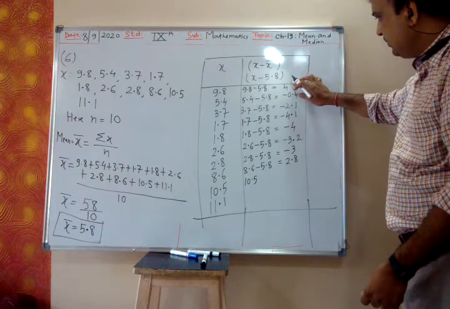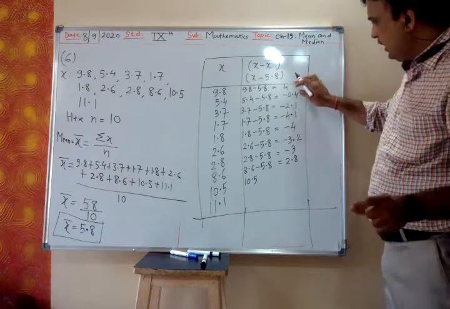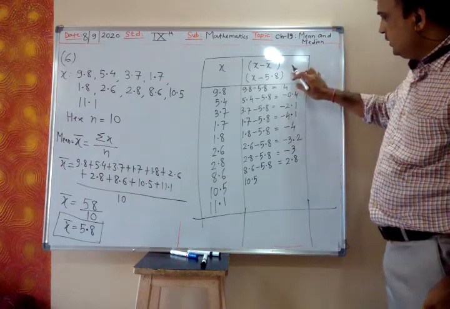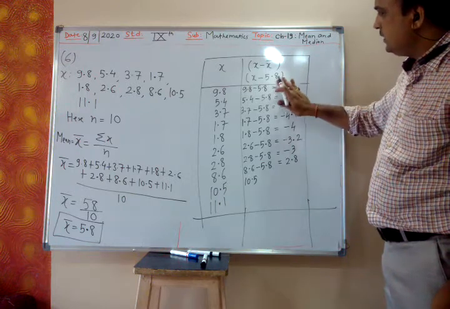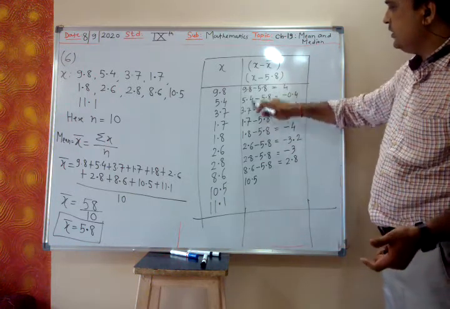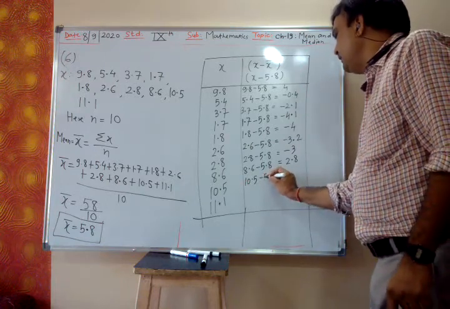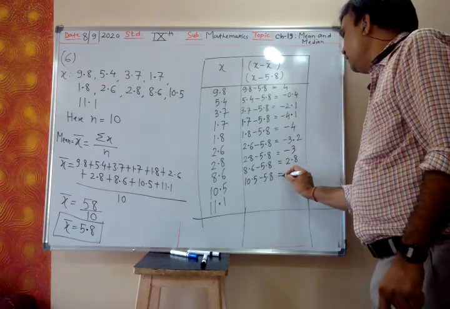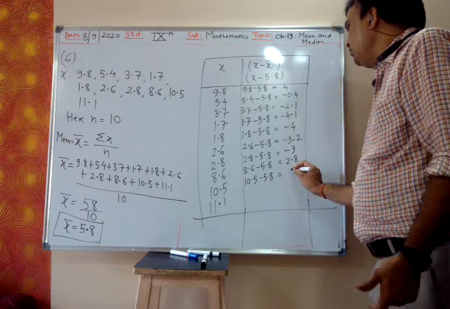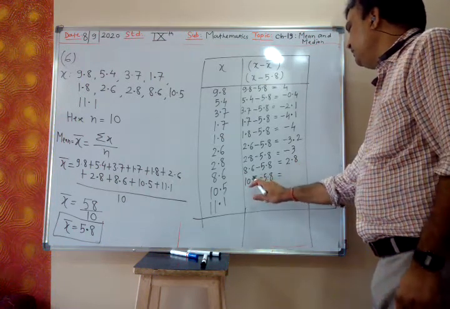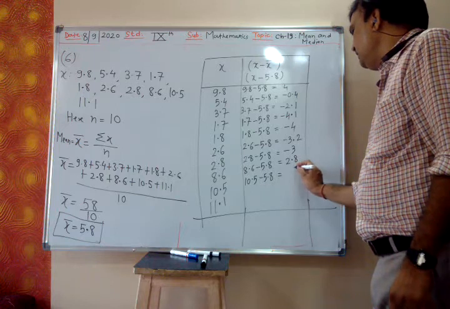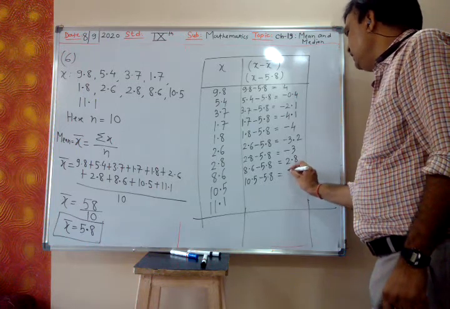See, in this table you can directly write down this value. I am showing this, but you can avoid this and directly write down the value. Then 10.5 minus 5.8 is 4.7.